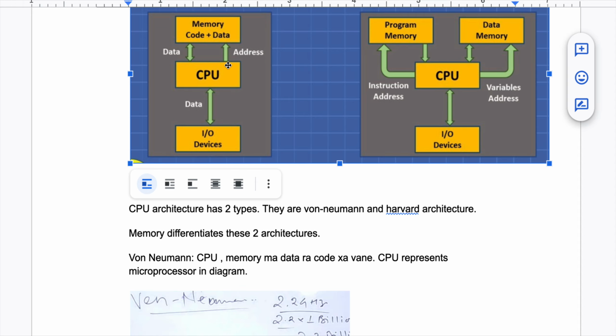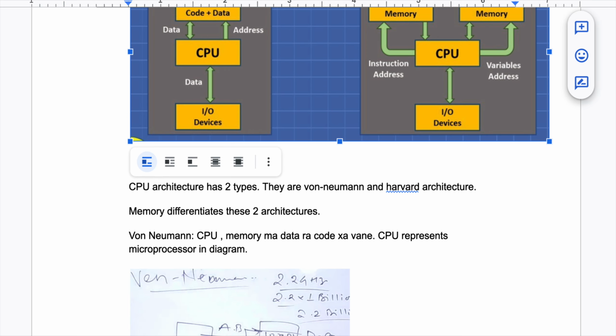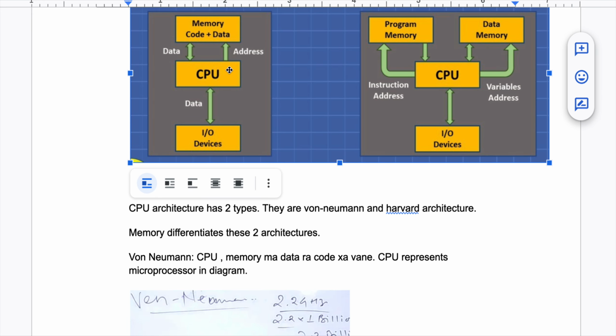And there is a program counter, which is a register inside the CPU. After executing, the program counter increments the previous address, which was 1001, by some value. In real cases, it could be 4 byte, 8 byte, or 16 byte, depending upon the computer architecture, like x86 architecture, 64, or something like that.